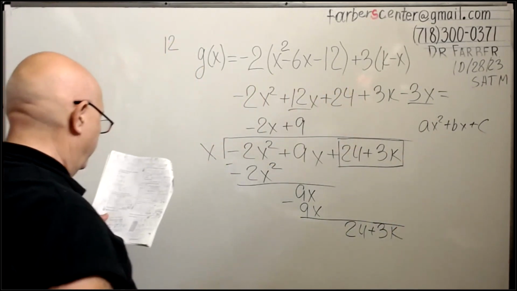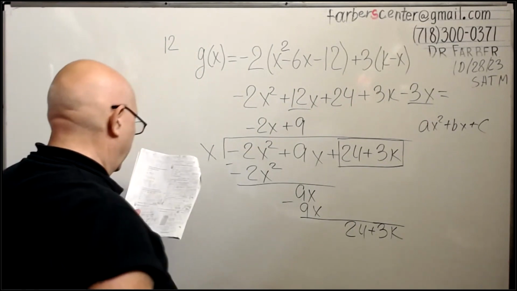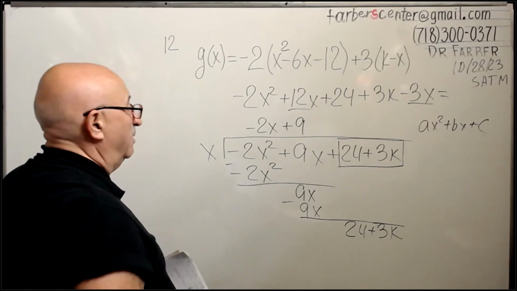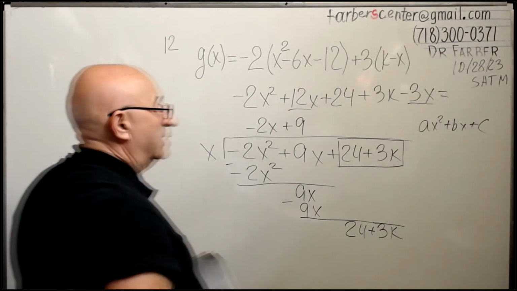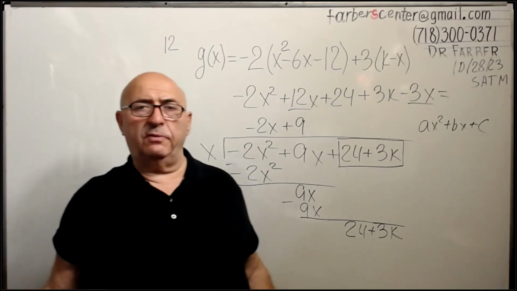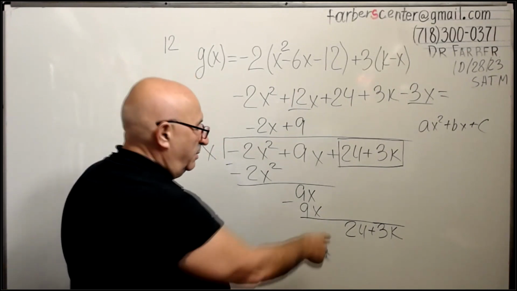But they said evenly divisible. What does divisible mean? It means the remainder equals 0, right? If not equal to 0, not evenly divisible. And this is the remainder.